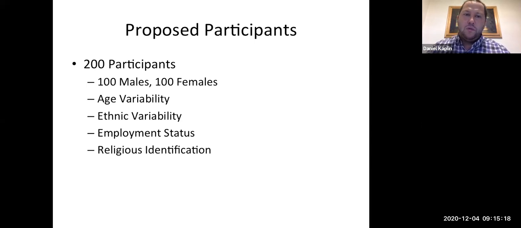And you know the total number, the gender breakdown, the age variability, the ethnic variability, and any other relevant factor. For this person, they were interested in employment status and religious identification and all these different things. But whatever factors you're looking at that are relevant, they should be there, right?